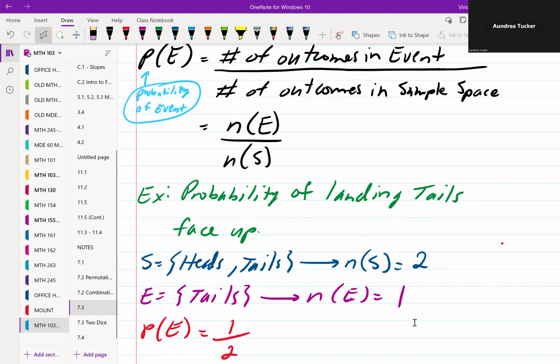That'll be 1/2 as my probability. You can convert to a decimal, a 50% chance. All right, that'll be good.